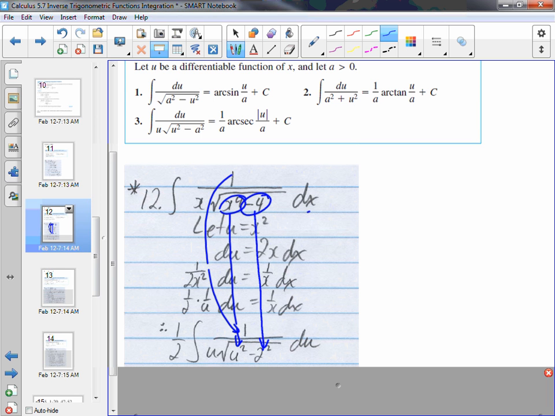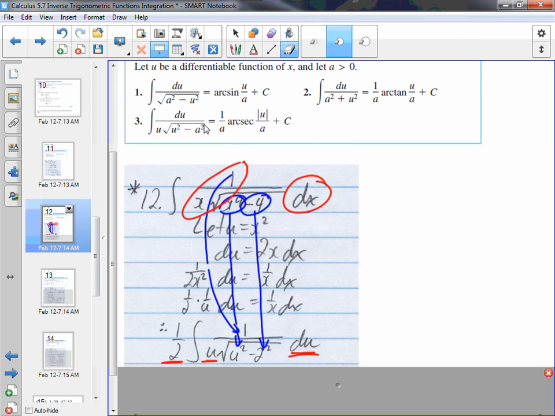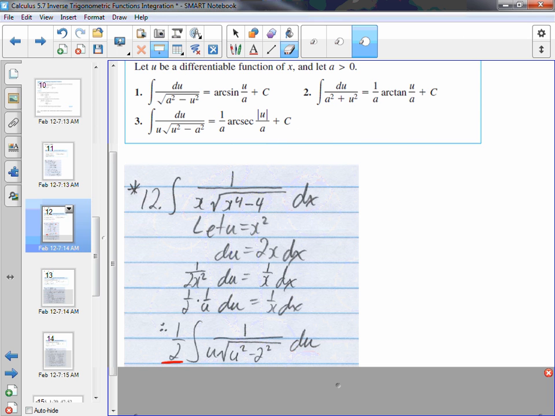And then the 1 over x dx becomes 1/2, 1 over u, so a u in the denominator, du. That's a relatively complicated substitution. Are you with me? All right. Well, then let's work the thing.